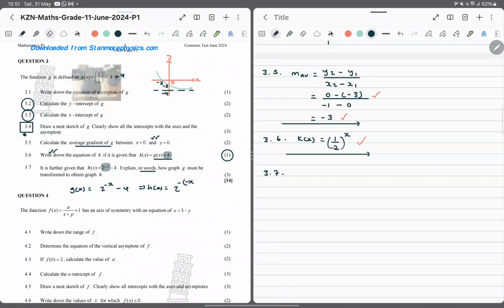Let me think about it first. Here's what I'm thinking. We first shift this thing horizontally to the right, let's say this is x minus 3, leaving that x there.